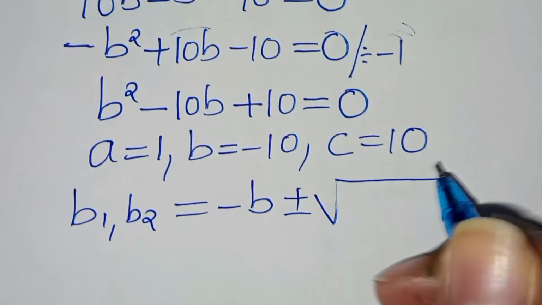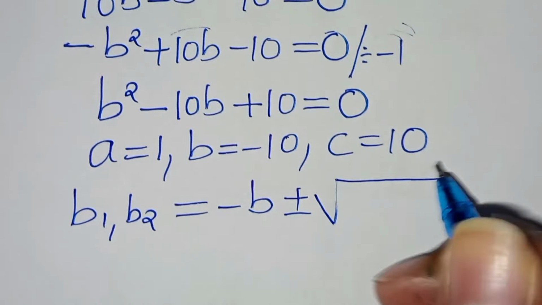And this is equal to 10 plus or minus the square root of, we can express 12 as 4 times 3 times 5, everything here divided by 2. So this implies that here we have 10 plus or minus the square root of 4, this is 2, then we have square root of 3 times 5, which is 15, everything here divided by 2.